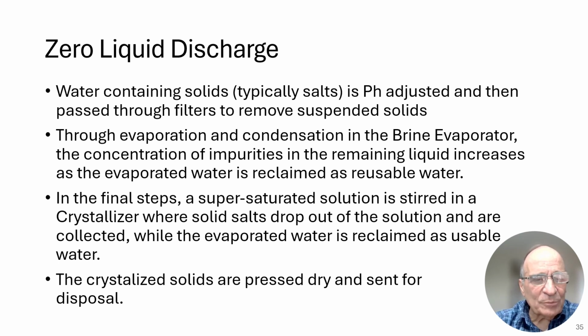In the final steps, a supersaturated solution is stirred in a crystallizer, where solid salts drop out of solution and are collected while the evaporated water is reclaimed to be reusable water. Crystallized solids are pressed, dried, and sent out for disposal.